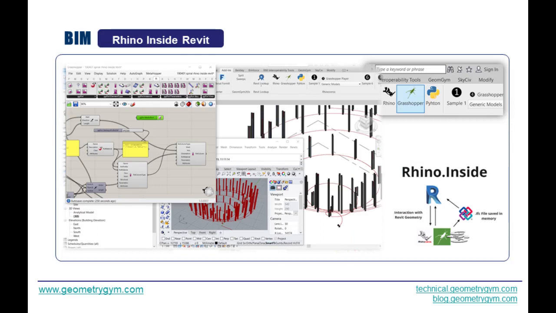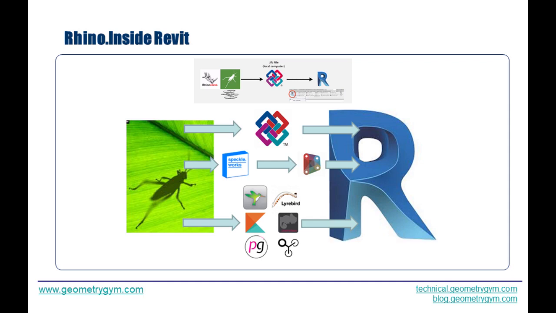One of the things I think is that not every day you get excited about something in terms of interoperability in the computational space, and when I learned about this, I got quite excited about what it can do. Have many of you had an issue with getting geometry from Rhino to Revit, or Grasshopper to Revit?